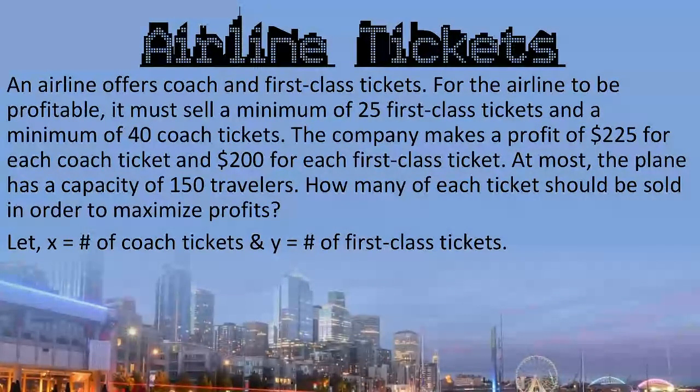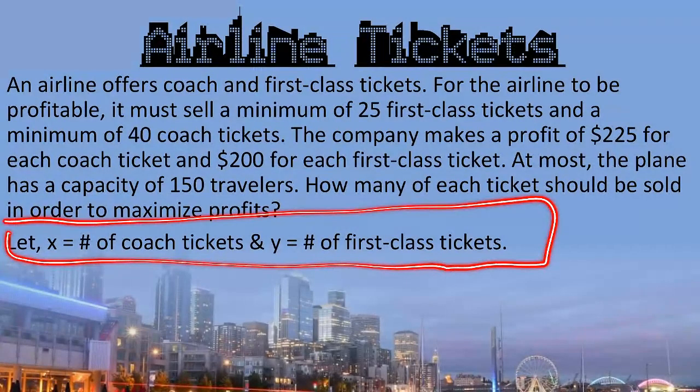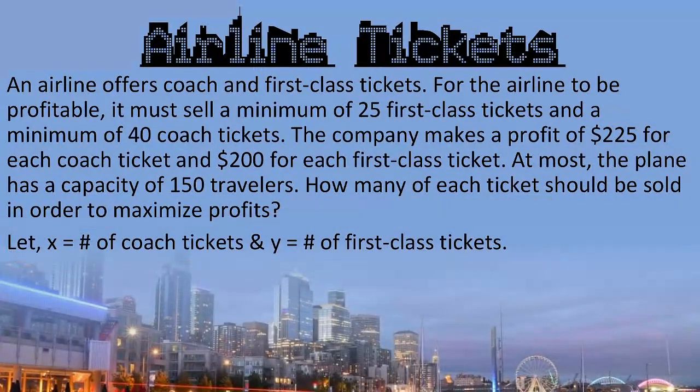The company makes a profit of $225 for each coach ticket and $200 for each first class ticket. At most, the plane has a capacity of 150 travelers. How many of each ticket should be sold in order to maximize profits? So they give us a little hint. Let X equal the number of coach tickets and Y equal the number of first class tickets. So that's where we're going to start.